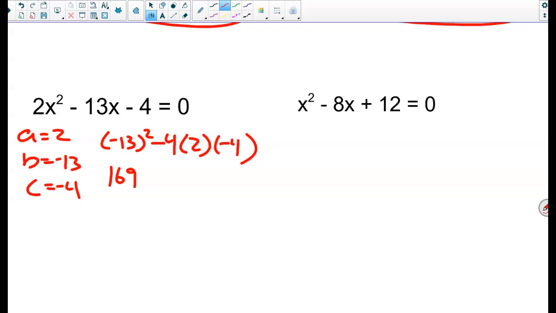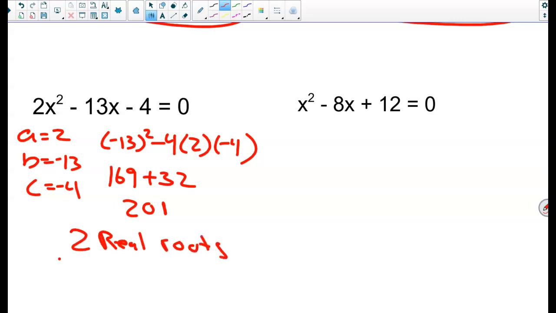When you subtract the negative 32, it becomes plus 32. And this becomes 201. So that means 2 real roots or real solutions. I'll write real roots here. Okay? Because I'm getting a number that's not a perfect square.